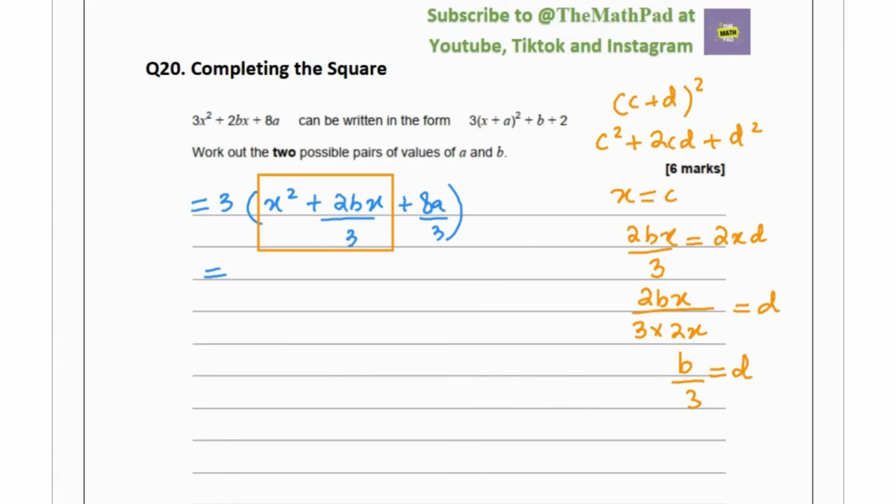So over here, we'll write 3 bracket x squared plus 2bx over 3, and we will add our d squared. So plus (b over 3) squared like it is over here, but minus (b over 3) squared as well, plus 8a over 3. Let me write that in a different color.